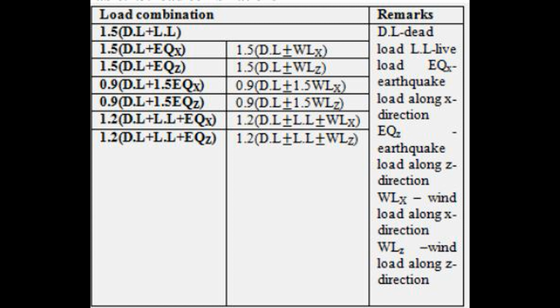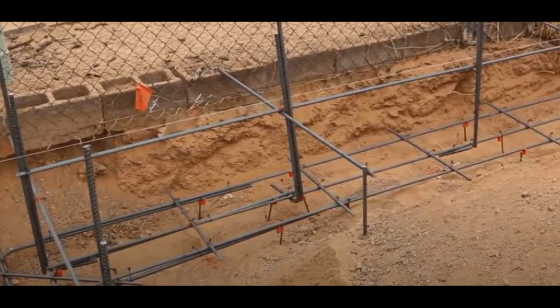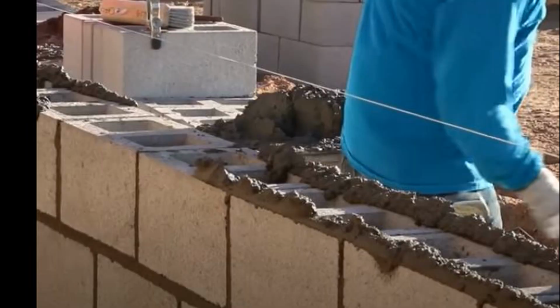Thus, for this masonry wall construction, as you can see in the photo, the wall measures 2.5 meter in height and 200 millimeter thick. The dimension of the footing is 800 millimeter wide and 300 millimeter deep.